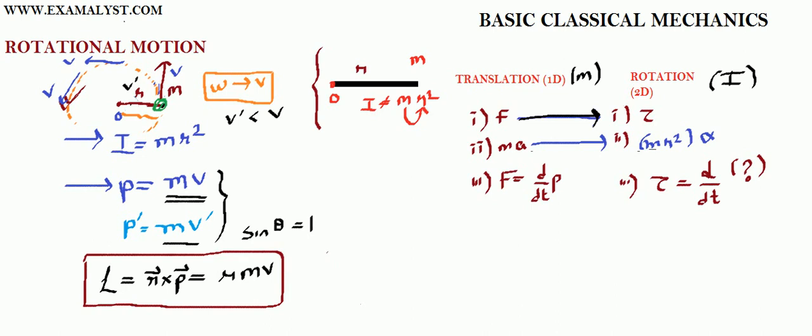So if you do dl by dt, just dl by dt, agreed? So what will happen is, by the cross product rule, you can have a term dr by dt cross p, and the other thing will be r cross dp by dt.